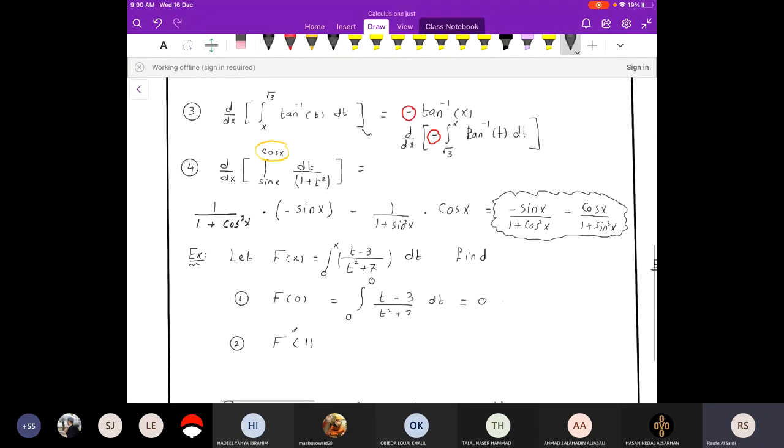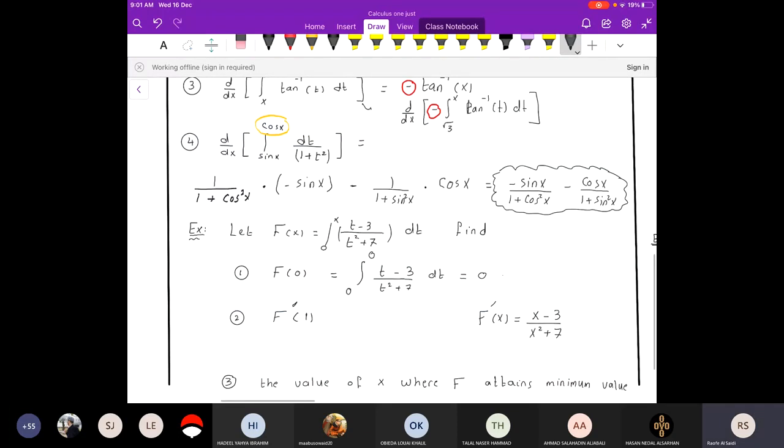Now, what is f prime of 1? To find f prime of 1, you must find f prime of x. Who can give us f prime of x? t minus 3 over t square plus 7. You mean x: x minus 3 over x square plus 7.